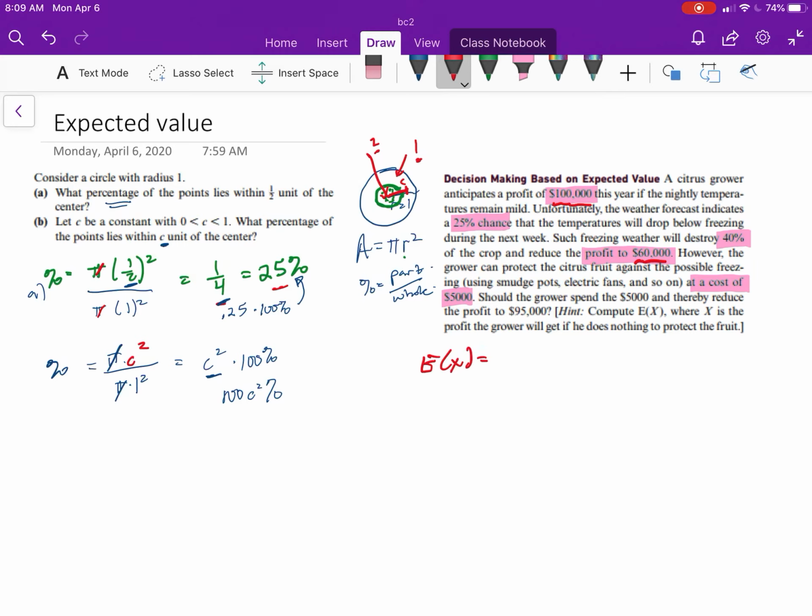All right, let's take a look here. We have a 25% chance that it'll drop below freezing, which means we have a 75% chance that it won't. So to make the full $100,000, that's the outcome. The probability is 75% that everything's going to be fine.